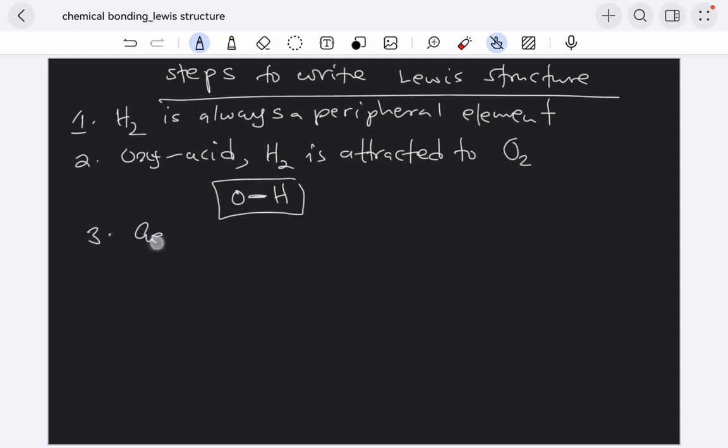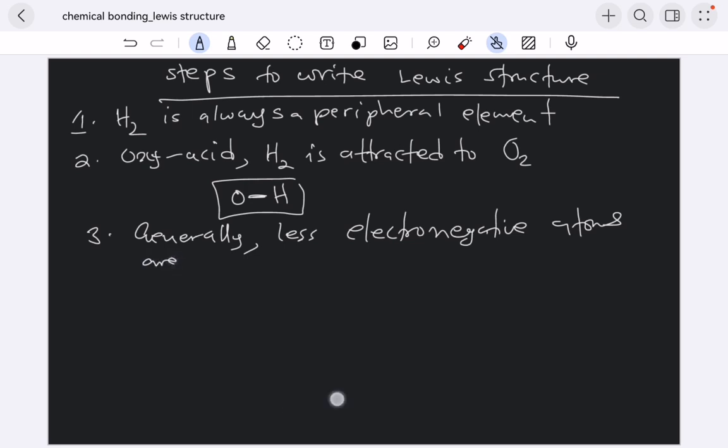Step 3, generally less electronegative atoms are central atoms. So usually if this is a less electronegative atom, then it's going to be bonded somewhere in the middle.